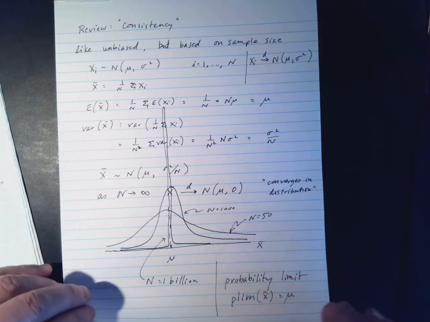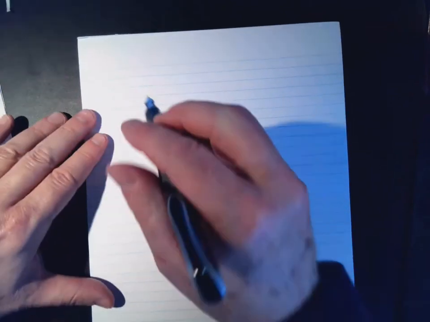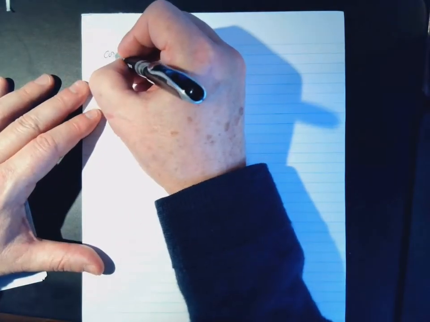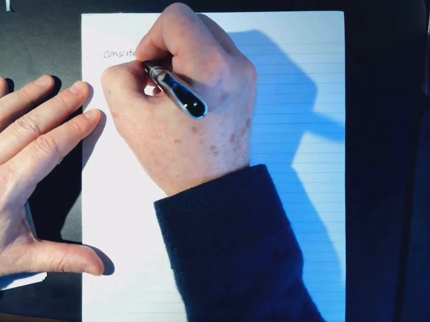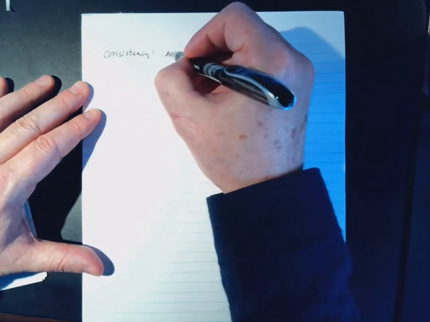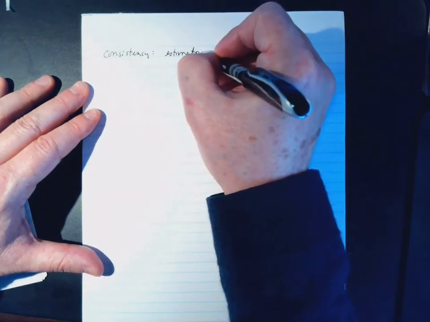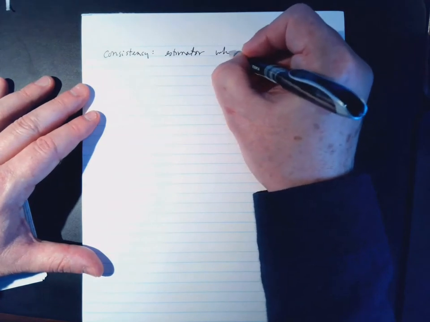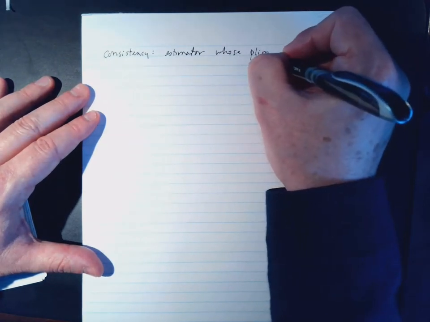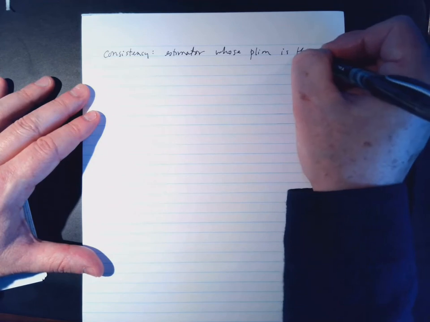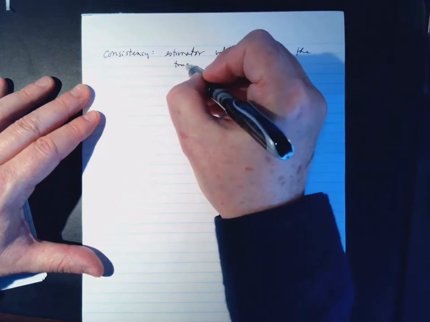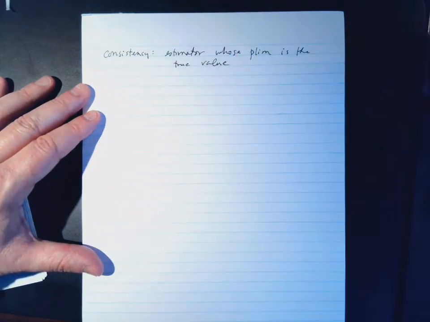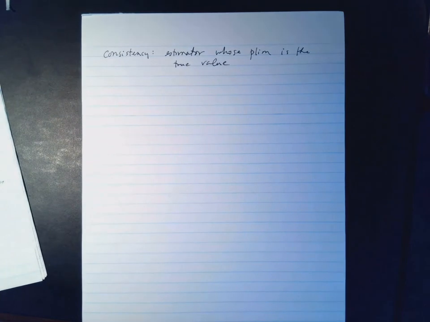So now, back to consistency. Consistency is an estimator whose plim is the true value. You remember when we talked about an unbiased estimator.